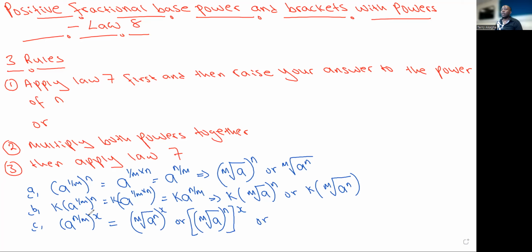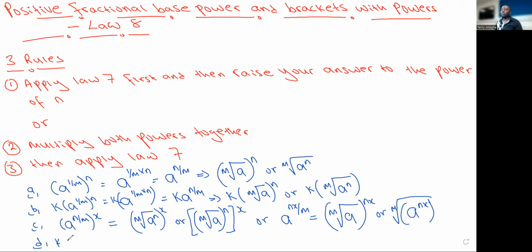Another way to do it is that you multiply both of them, so it's going to give us a^(nx/m). Then this will become the mth root of a all raised to power nx, or you can say the mth root of a raised to power nx. You can see it's a combination of rule 4 and rule 7, so it depends on how you want to do it.